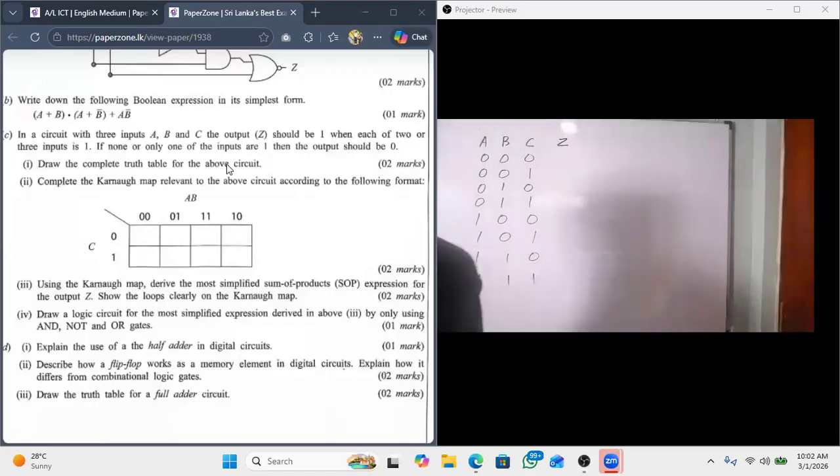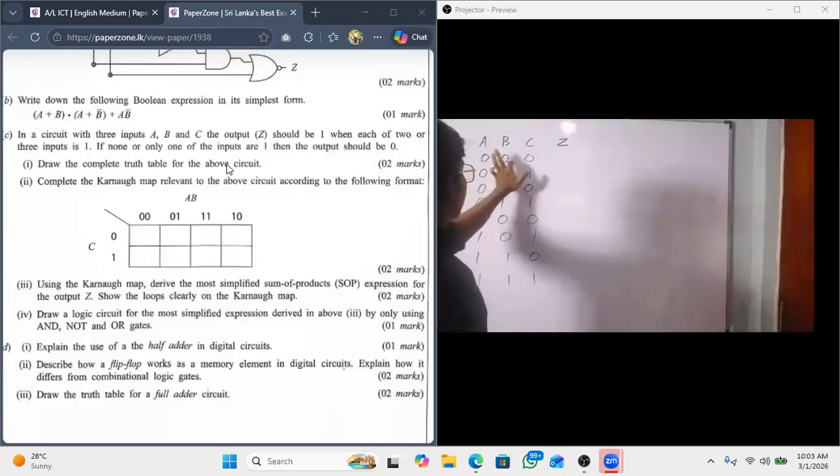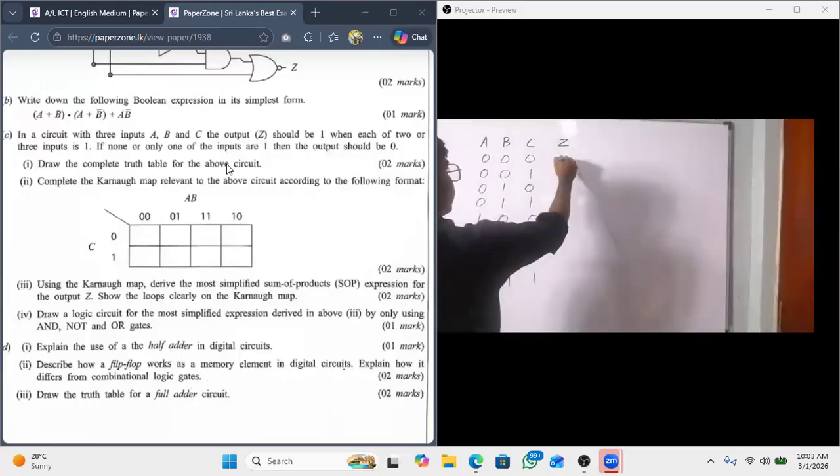Z should be 1 when 2 or 3 of the inputs are 1. If none or only one of the inputs is 1, the output is 0. So see, all 3 inputs are 0, so the output is 0.